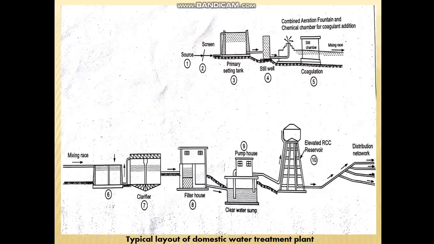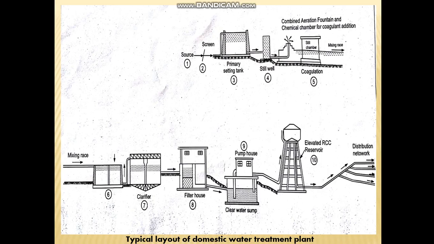After the flocculation process, the water goes to the clarifier, in which sedimentation is done. After sedimentation, the water is taken to the filter house, in which the water is passed through the granular bed materials, and after the filtration process it goes to the clear water sump.